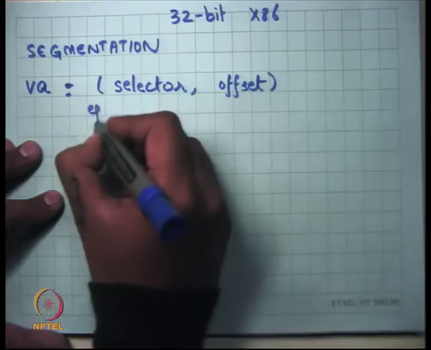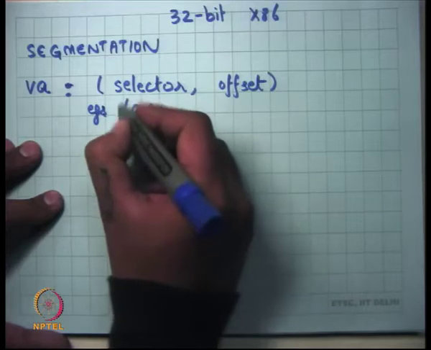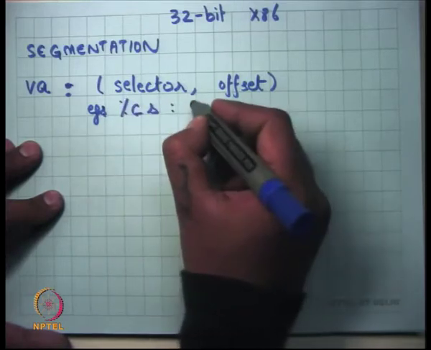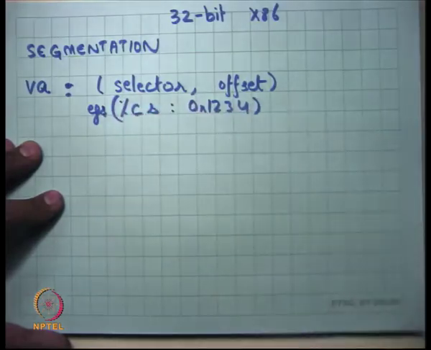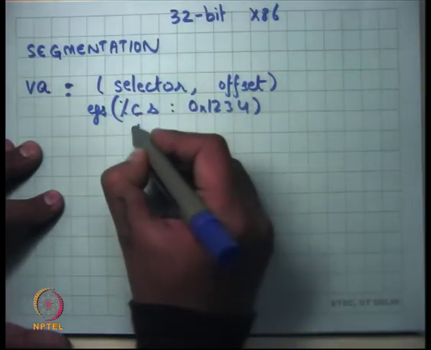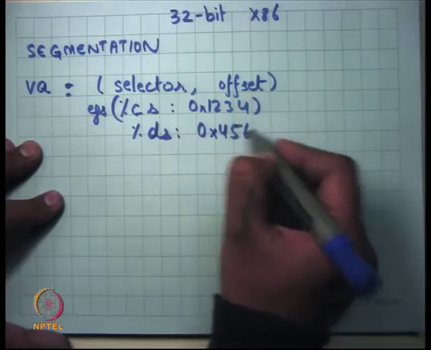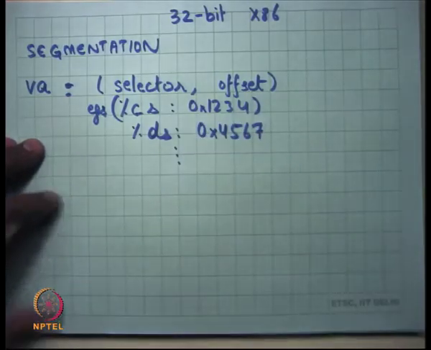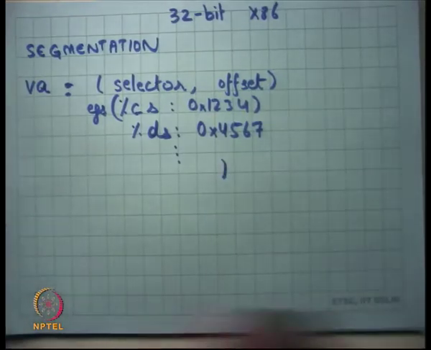For example, CS:1234, or DS:4567 and so on, right. So that's how a virtual address is specified.